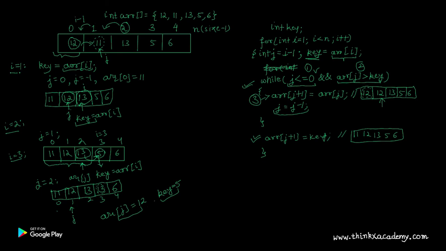So we will again come into this while loop and do this assignment. So array j position gets copied to array j plus 1 position. So the array will now look like this: 11, 12, 12, 13 and 6. So our array will look like this.